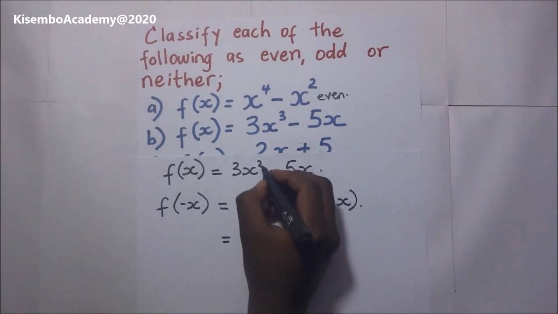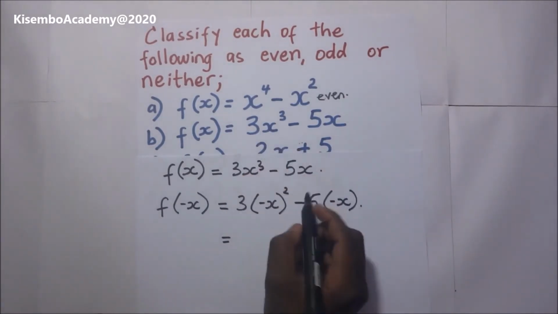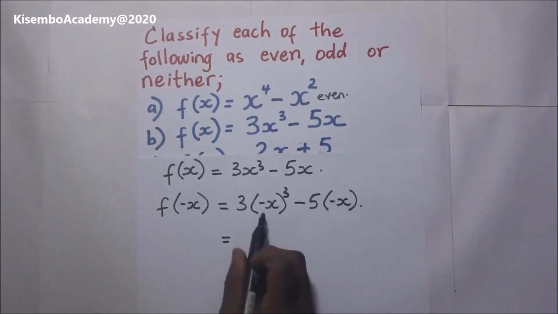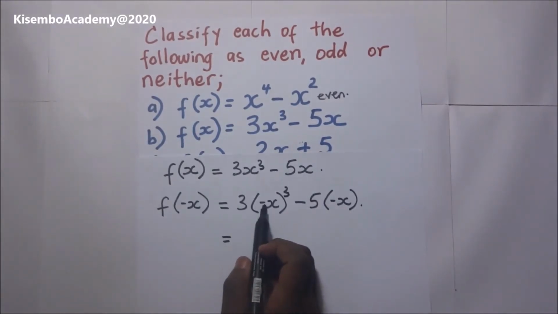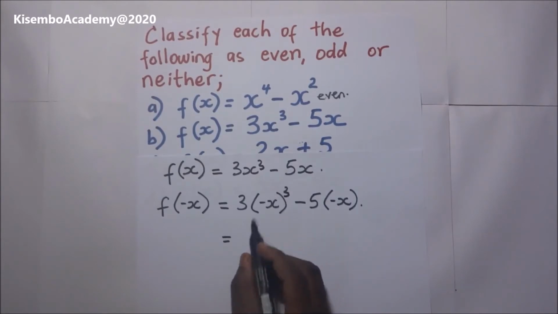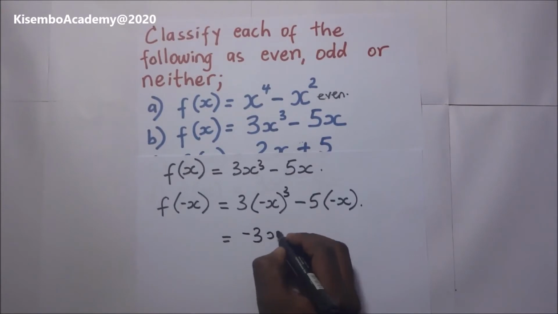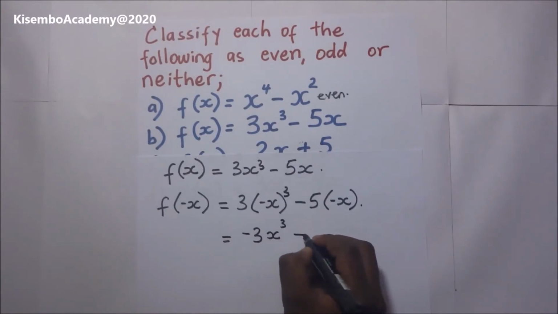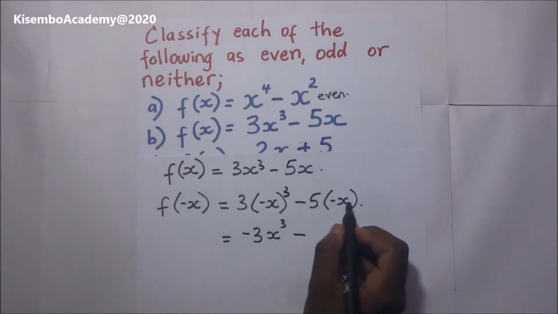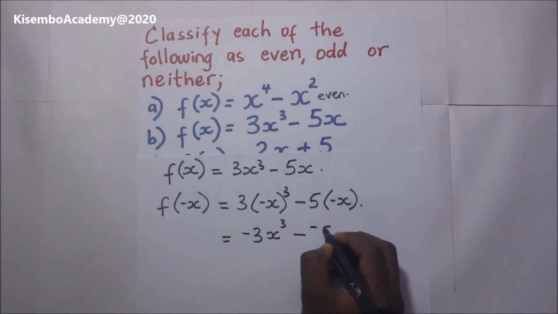Negative x to the power 3 is going to give us negative 3x to the power 3, minus 5 times negative x gives us negative 5x.